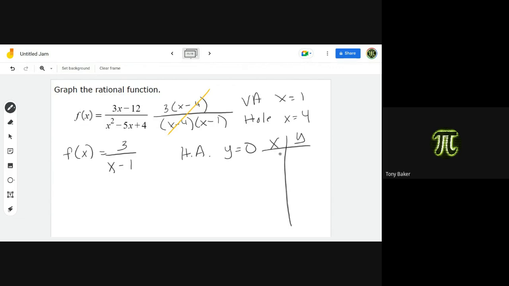So now I need 5 points. So we'll do -1, 0, 1, 2, and 4. Always make sure you use your hole. You have to make the hole one of them.